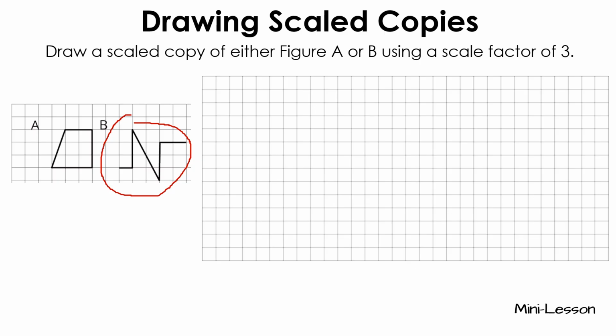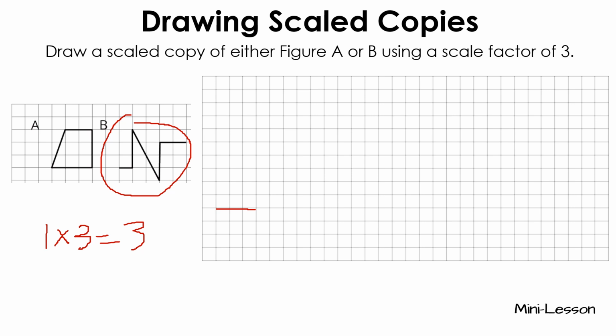This piece is 1. The scale factor is 3, which means I must multiply 1 times 3. That means that new line must be 3. So I'm going to start somewhere here and I'm going to go 1, 2, 3. Okay, that seems easy enough.